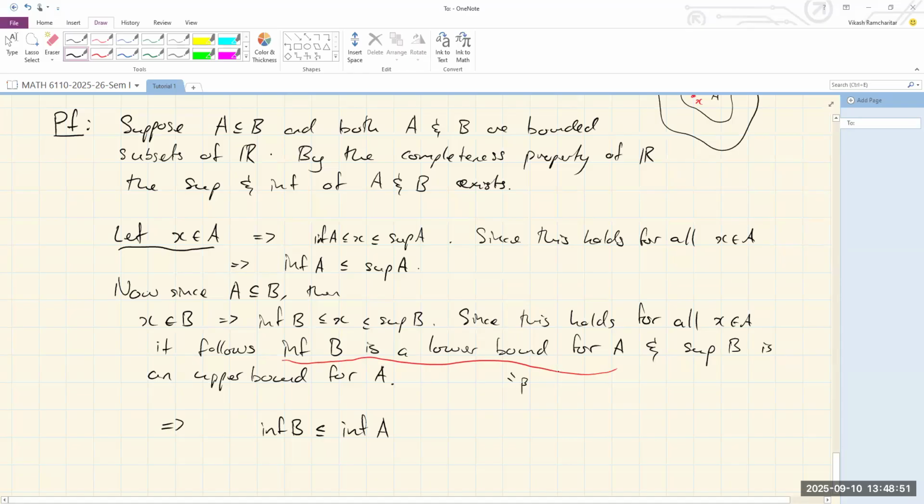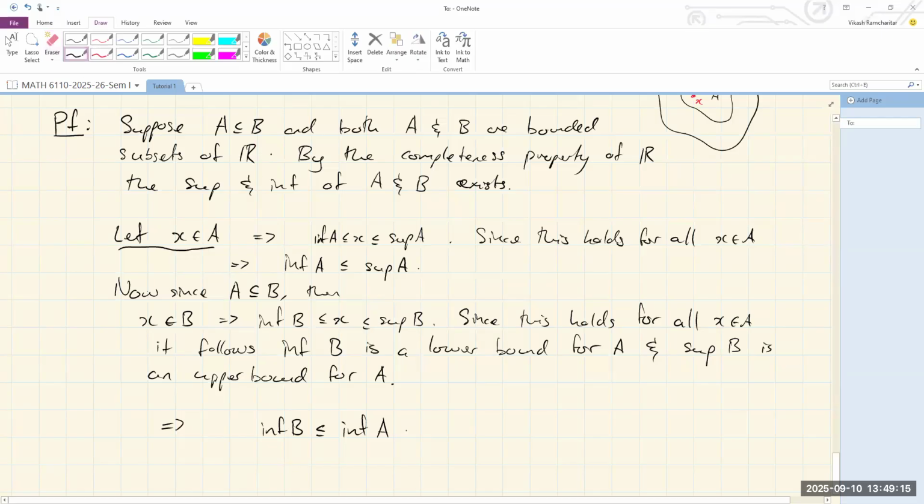Then you could say beta is a lower bound for A, and we know that all lower bounds for A are less than or equal to the infimum. So beta will be less than or equal to the infimum of A. But beta in this case is the infimum of B. Okay, so we get that part of the inequality.